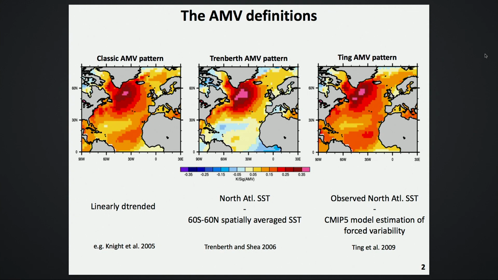So about the IMV definition, what we chose. Here are different definitions of the IMV: what I call the classic IMV, the trend-burst IMV, and the Ting IMV pattern. The difference in these IMV patterns is only due to the way you remove the trend, the external forcing. In the classic case, you just remove a linear trend.